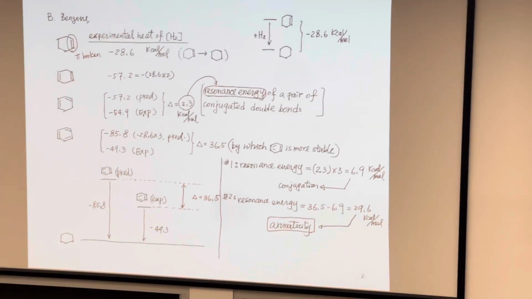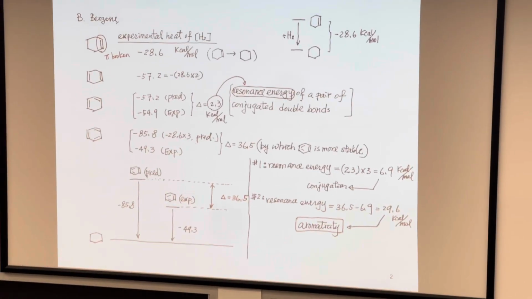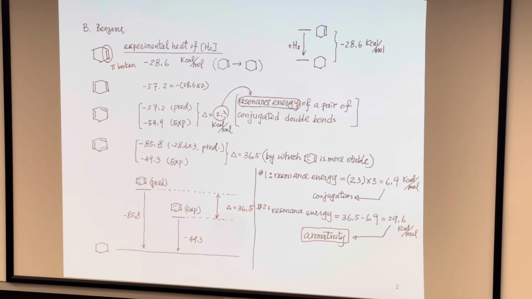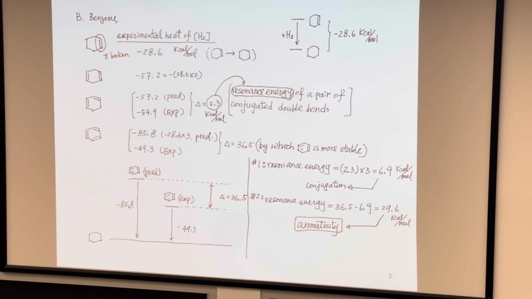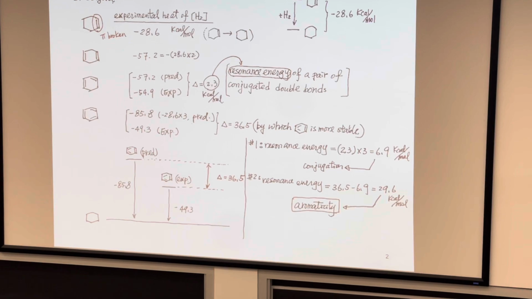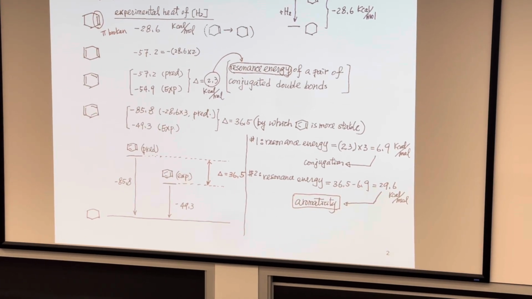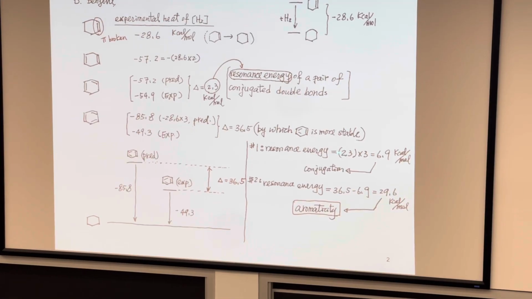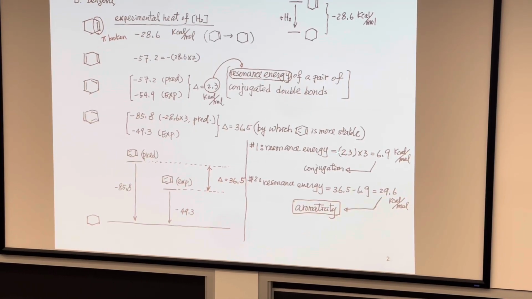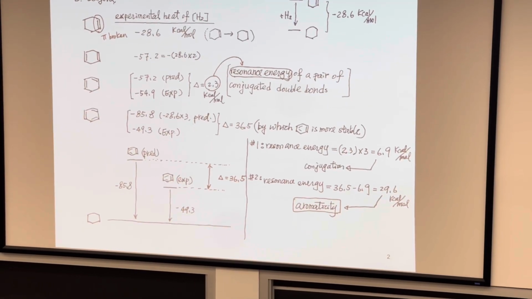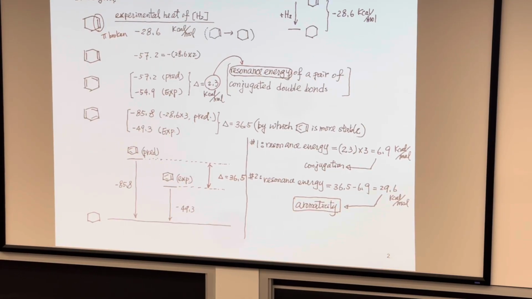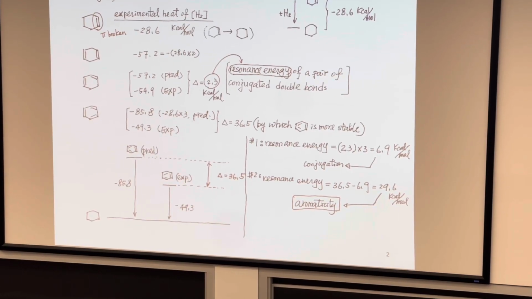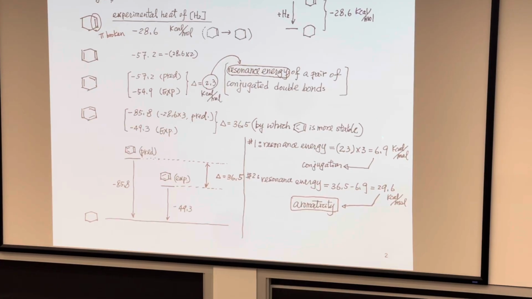If you have 1 pair, the molecule can be stabilized by 2.3 kcal per mole. Now we got 3 pairs, so 3 pairs times 2.3. That is the energy provided by conjugation, only 6.9, about 7 kcal per mole. That is the energy stabilized by conjugation.